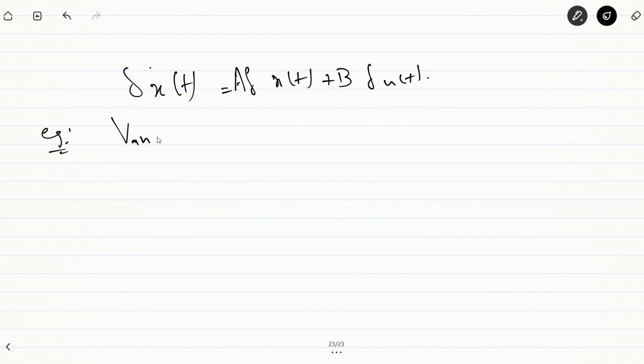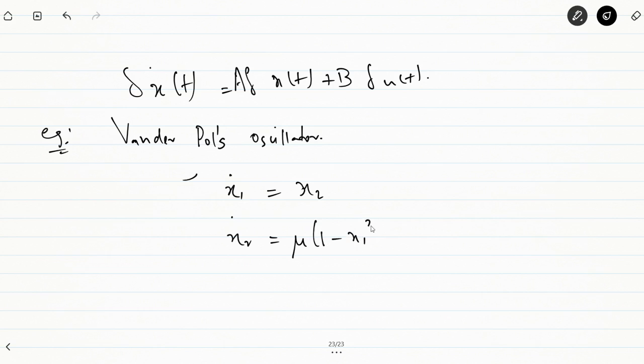We have a van der Pol oscillator. The van der Pol oscillator is a classical example of a non-linear system. It has two differential equations, so the mathematical model involves x1 dot equal to x2, and the other differential equation is x2 dot equal to mu times (1 minus x1 square) x2 minus x1.